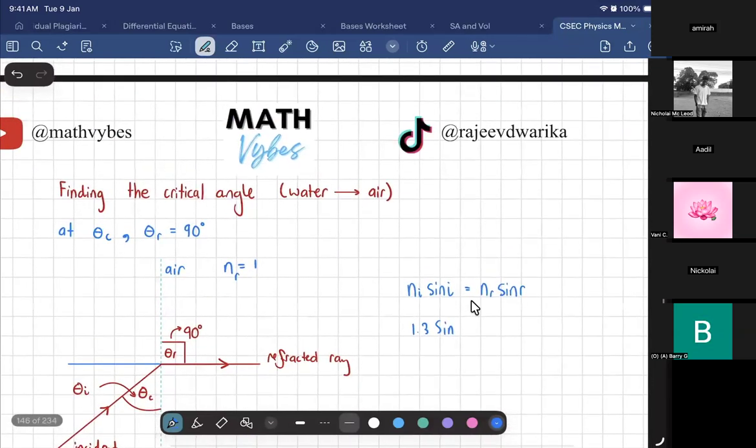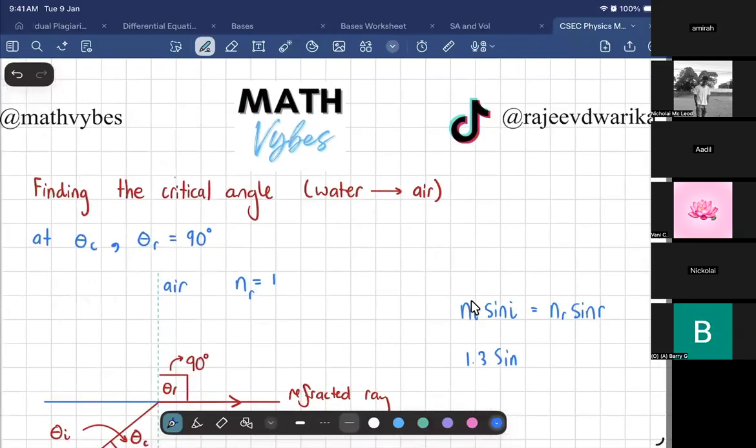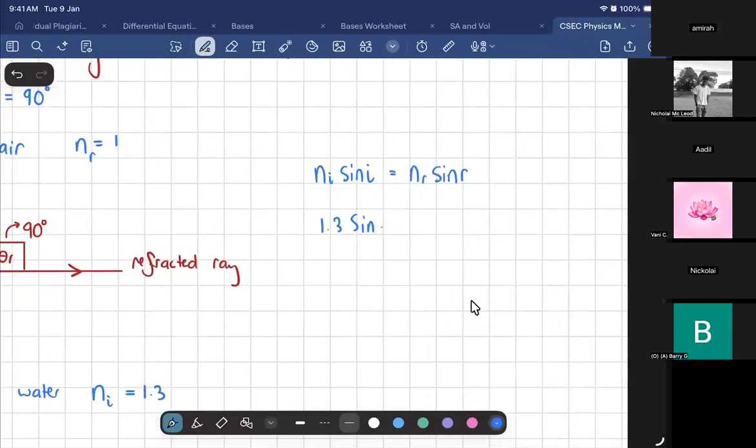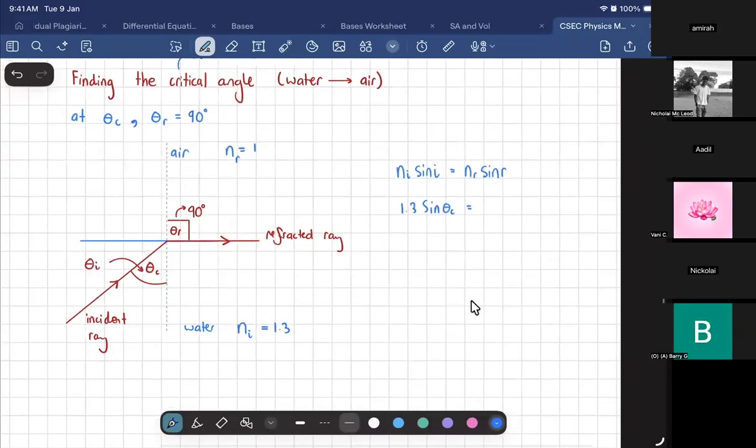The critical angle is called theta c. So instead of writing I, we're going to write theta c. Theta c is the angle of incidence, but we're treating it as a special thing, so let me just call it theta c.